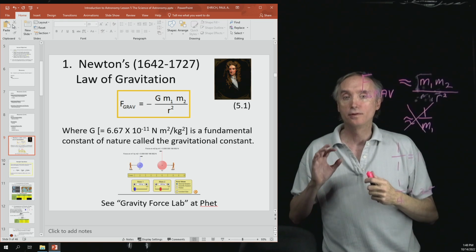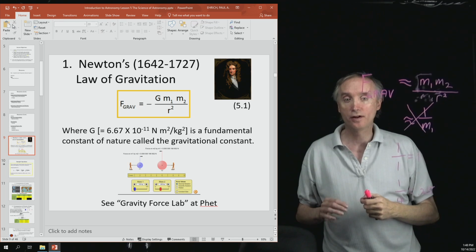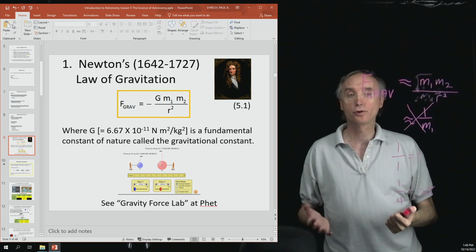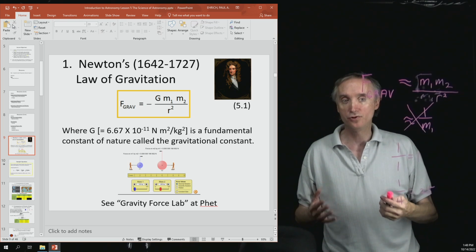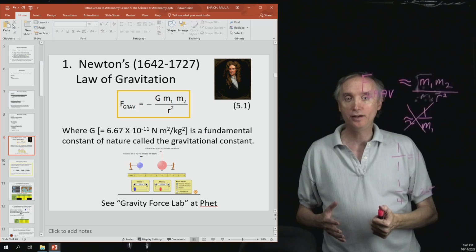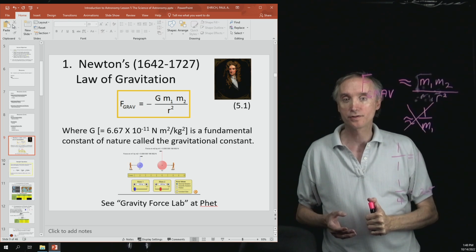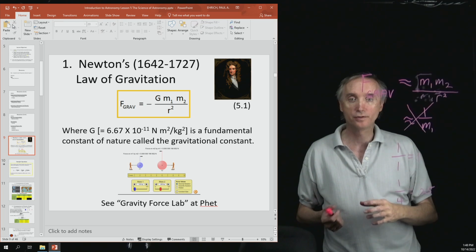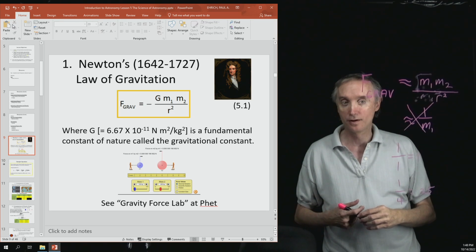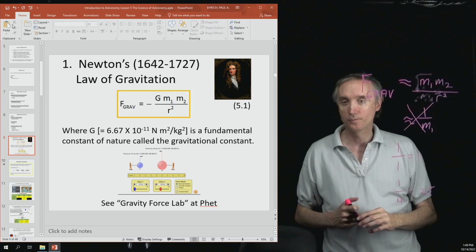To make it an equal sign instead of a proportional sign, we need a constant of proportionality, which turns out to be big G. Big G is a fundamental constant of nature called the gravitational constant. I gave you its number, 6.67 times 10 to the negative 11th power. Do you notice it's a very small number?